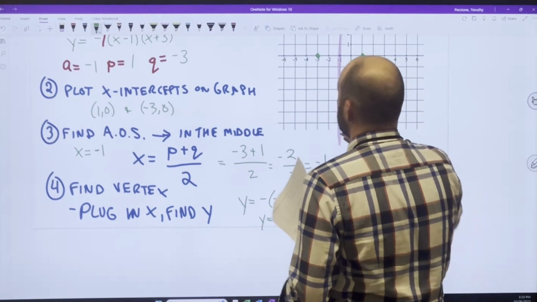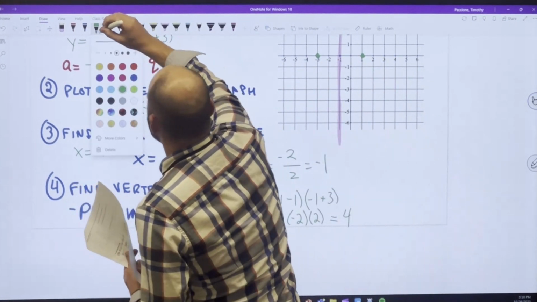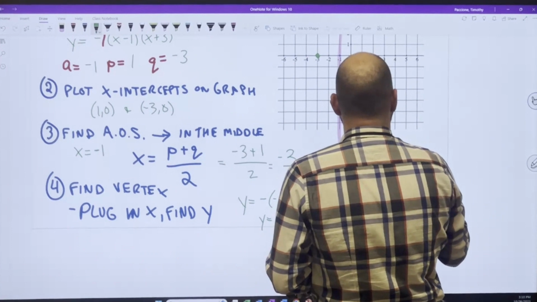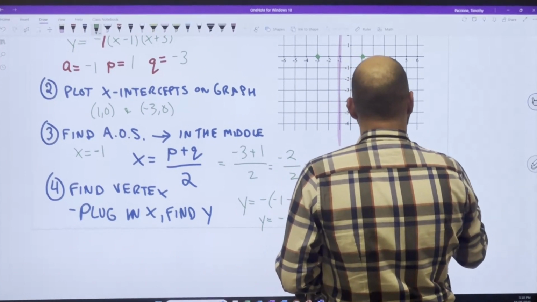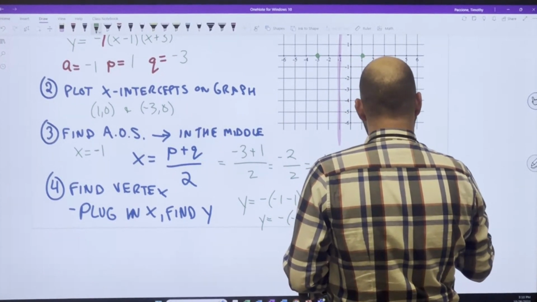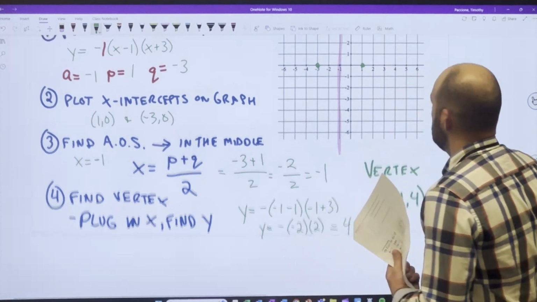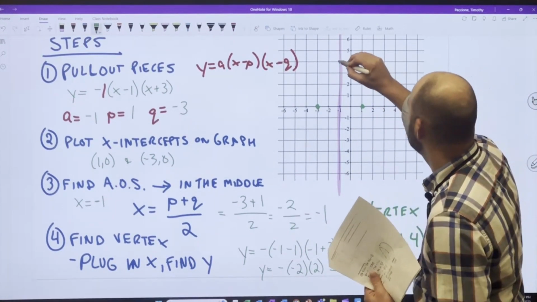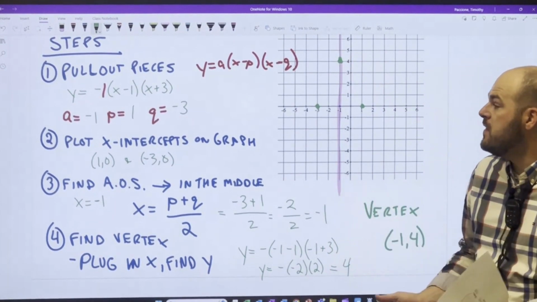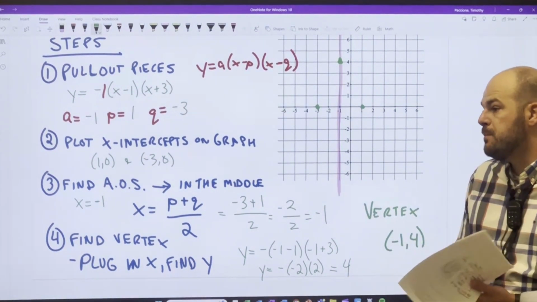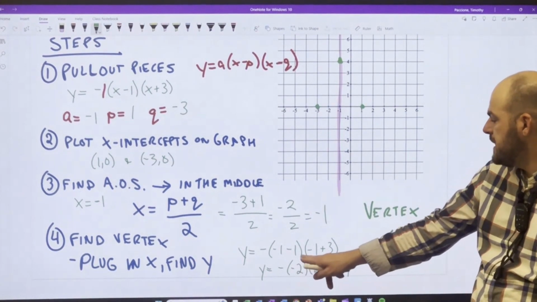So our vertex is (negative 1, 4), which is up here. Oh, because you plugged it in. I just plugged it in.